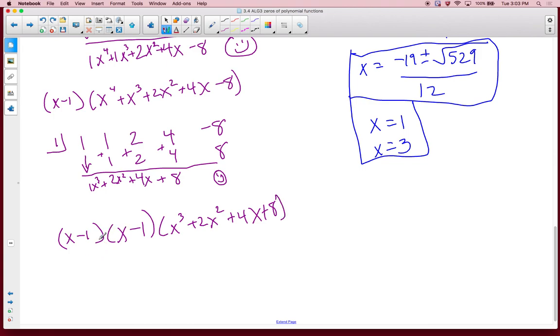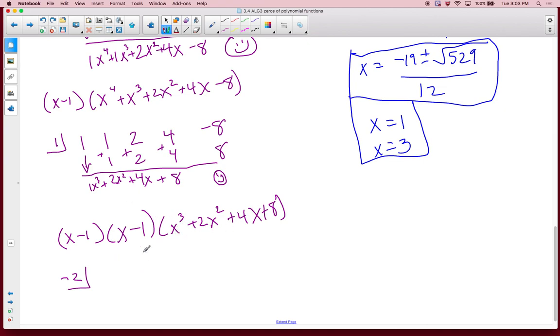Okay, we need to do it one more time because we need to get it down to a quadratic. Okay, so let's try -2. This is already a long enough video, so I'm going to use the one that worked out. Good thing I did this problem before I made the video, right?